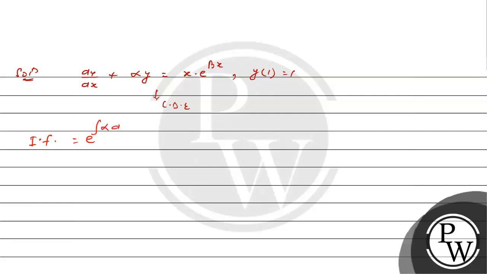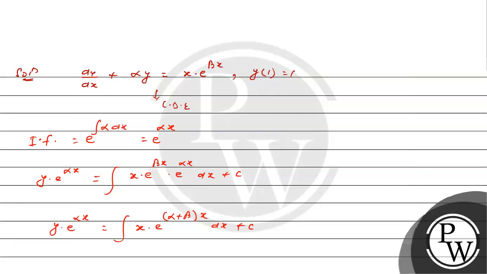P is alpha, so the IF is e^(alpha x). Now the solution is y e^(alpha x) = integral of x e^(beta x) e^(alpha x) dx + c. This becomes y e^(alpha x) = integral of x e^((alpha+beta)x) dx + c, since the bases are same, so the indices will be added.